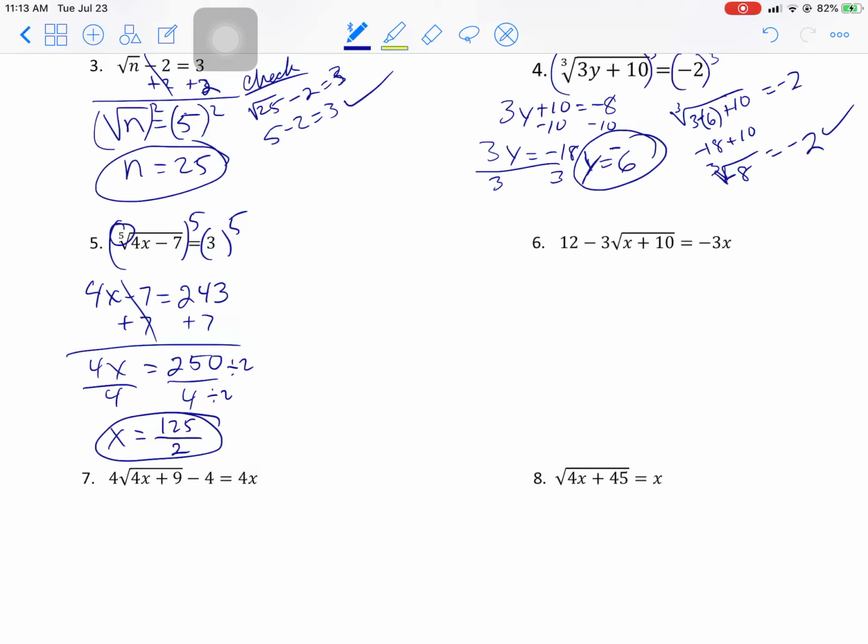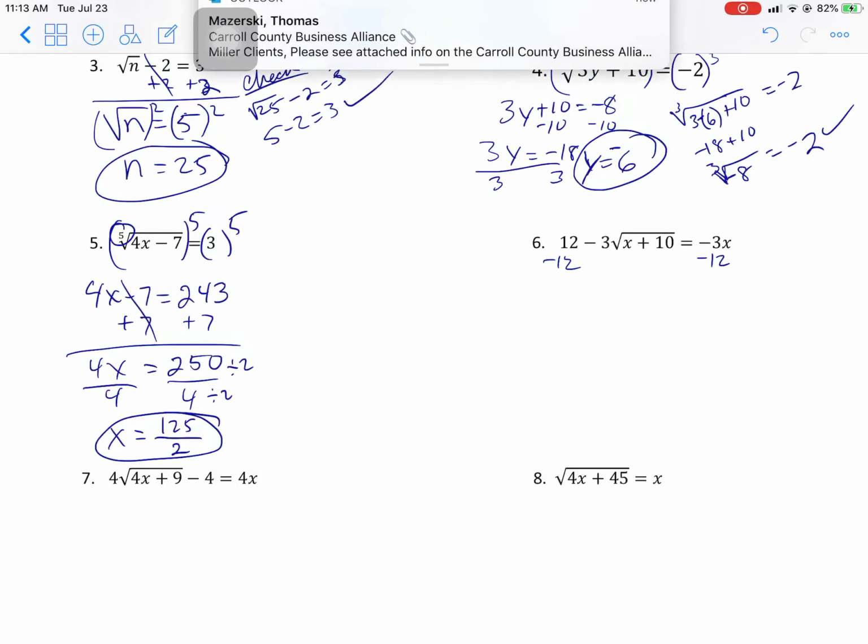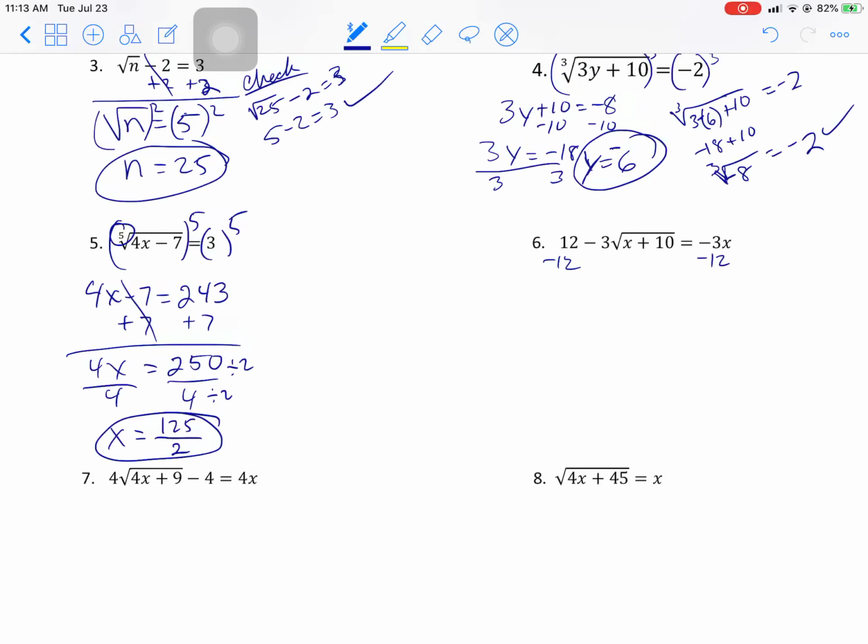All right, moving on. This one does not have the radical alone on one side, so move the 12 first. These are not like terms, don't combine them. If you're going to divide the radical side by a negative 3, you'd have to divide each term by negative 3, so write them separately.